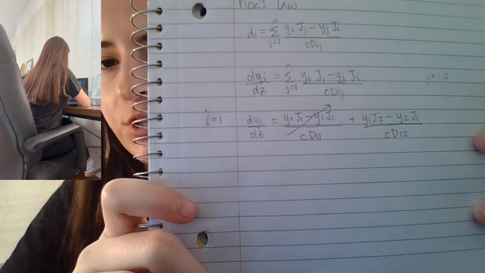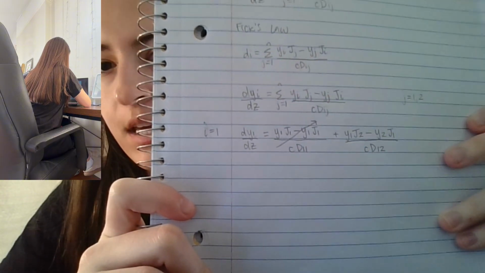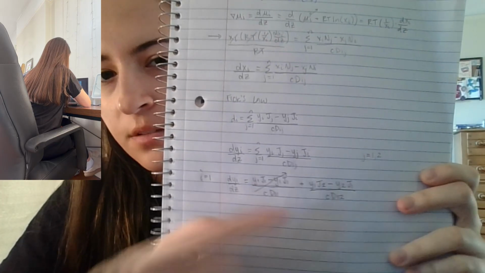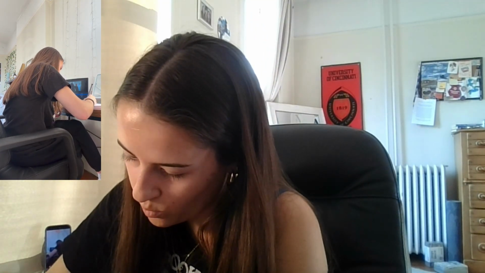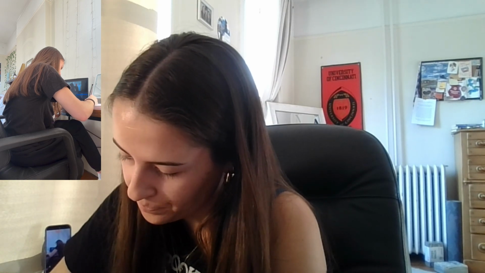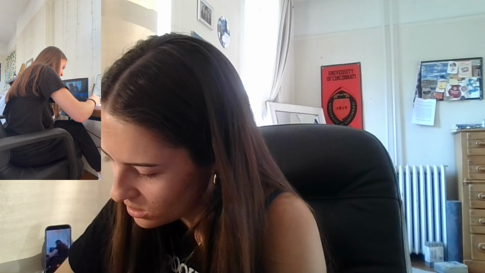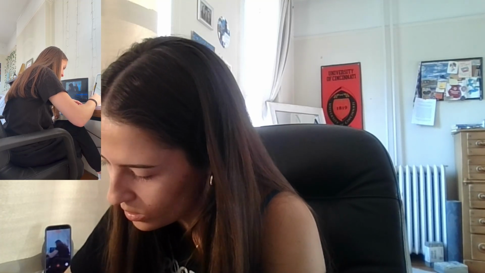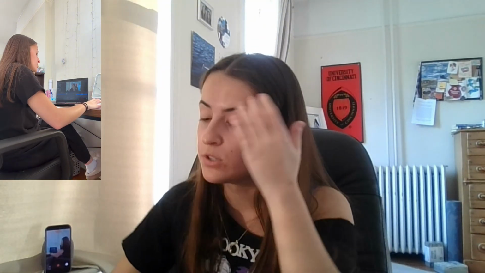So we know that first term equals 0, and then we just substituted j equals 2 for the second term. So now we can write this as dy1 over dz equals y1 j2 minus y2 j1 all over the concentration times the diffusion coefficient or constant.